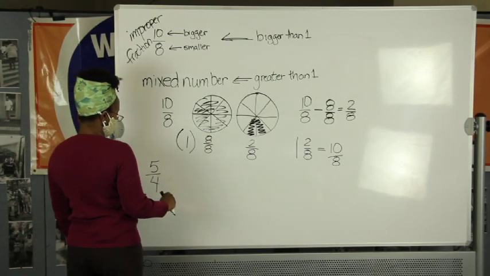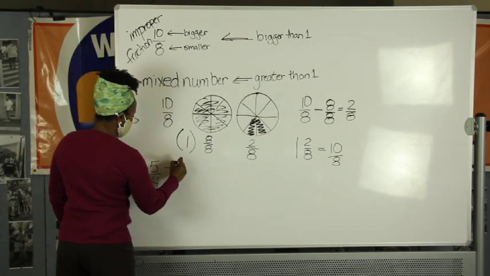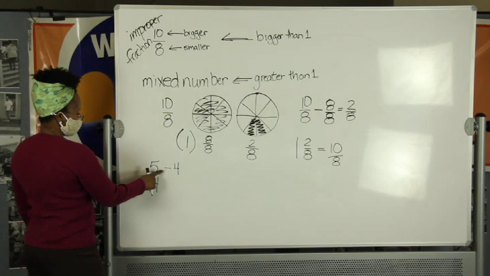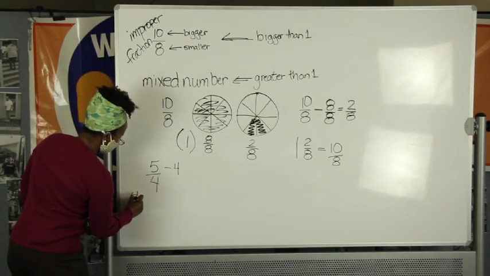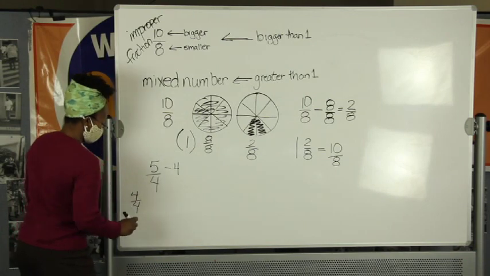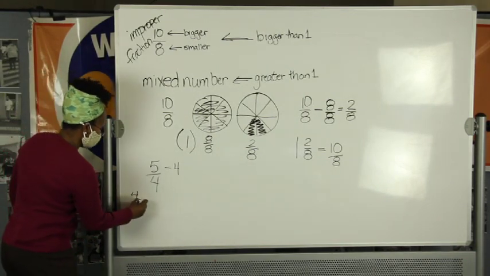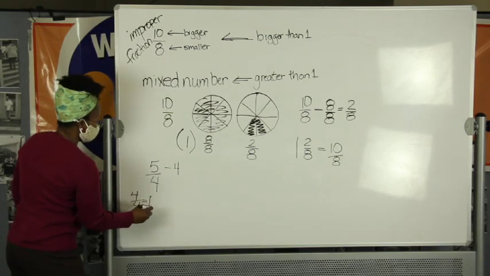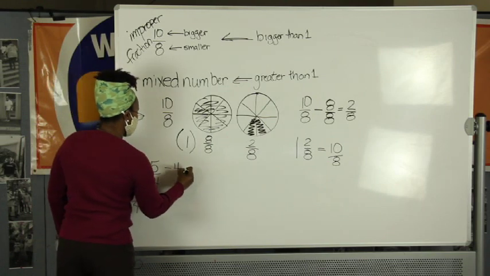So if we take 4 from that top number, because remember, one whole is 4 over 4, because you want all the pieces to the pie. This is equal to 1. So we're going to take 4 away from that.